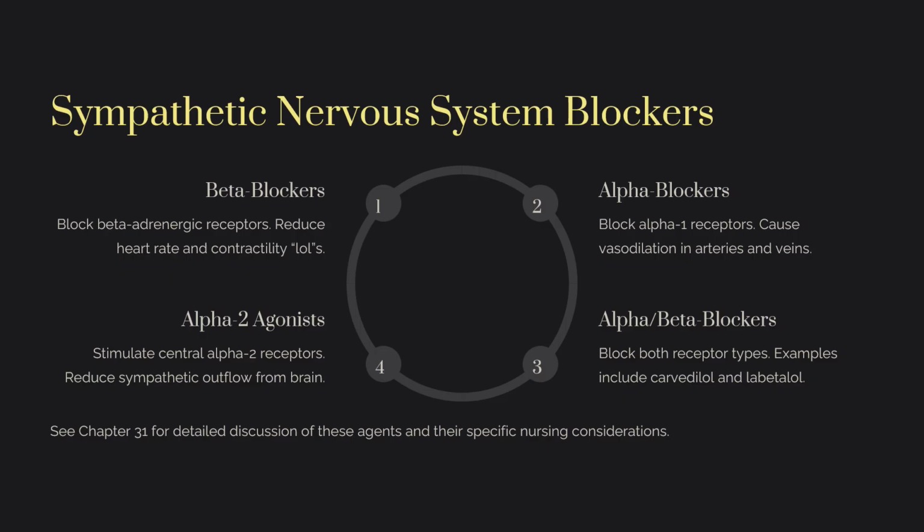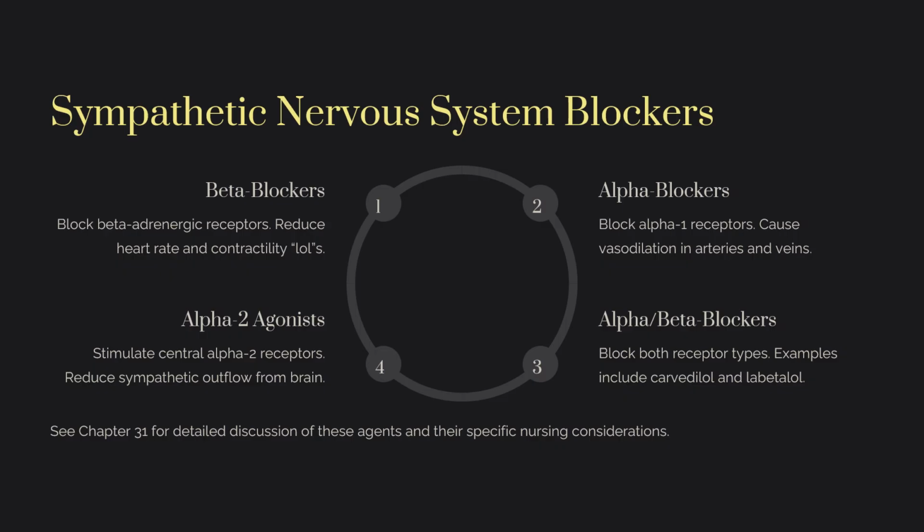So depending if it's alpha, beta, both, or if it's specific to one or the other, is going to depend on what action it releases and then also what side effects could occur. Okay? That's that in a nutshell.